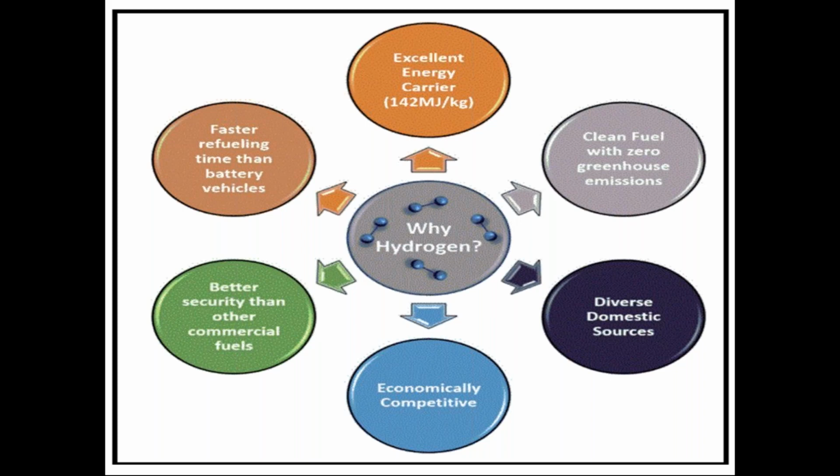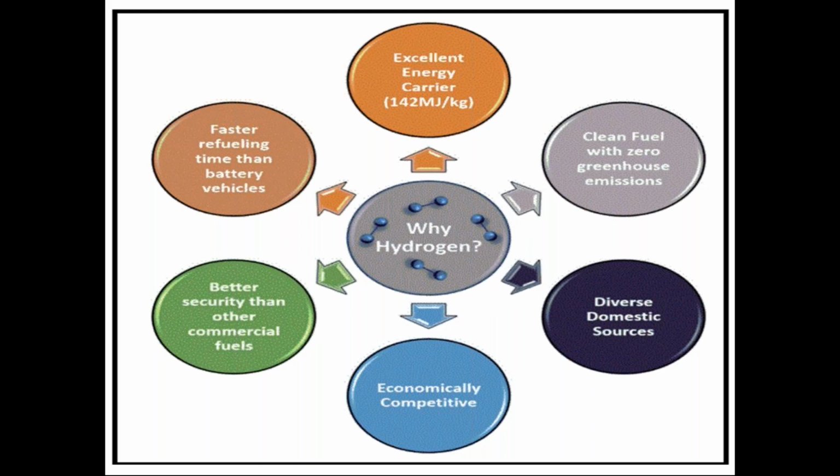So why should we go for hydrogen energy in the present situation? Because it's an excellent energy carrier, 142 MJ per kg. It is clean, can be used in a diversified way, as a domestic source, and is economically competitive.